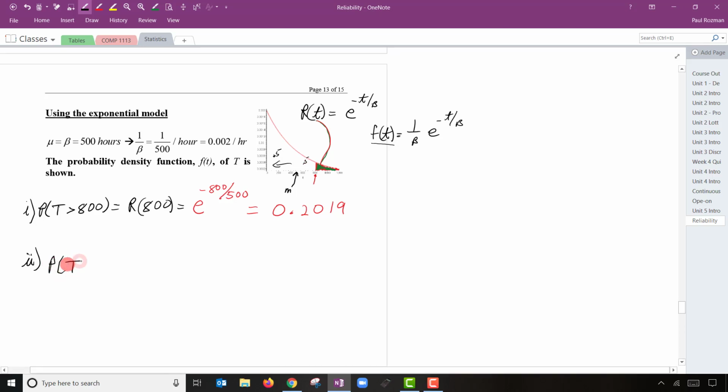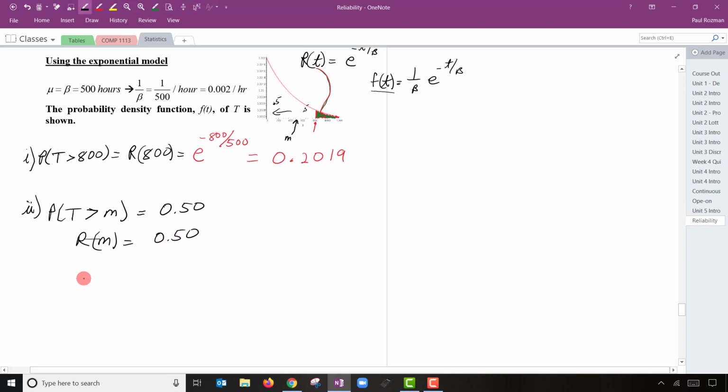Let's say the probability of lasting longer than the median is 50%. So R of M is 0.50, and we just need to figure out what M is. We have e to the negative m over beta, which in this case is 500.